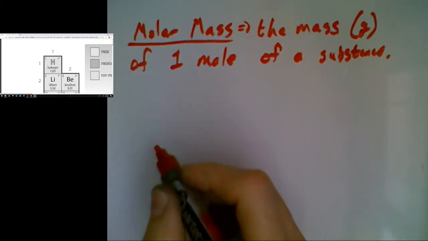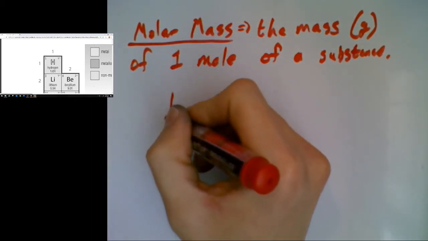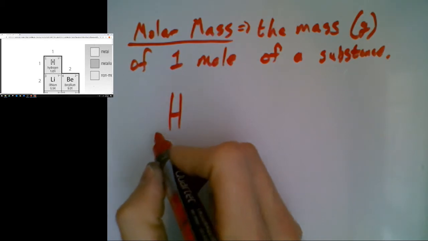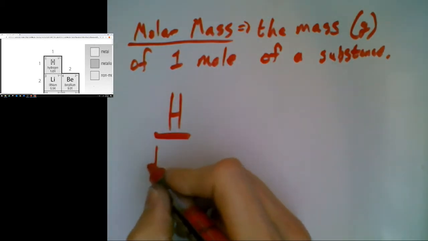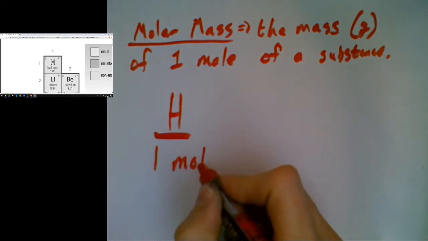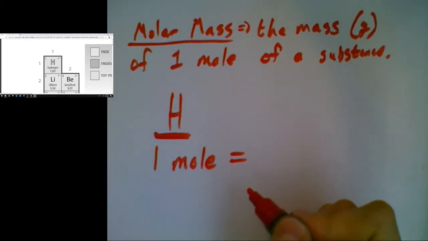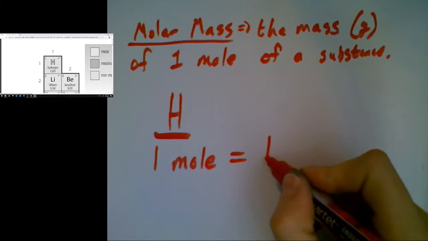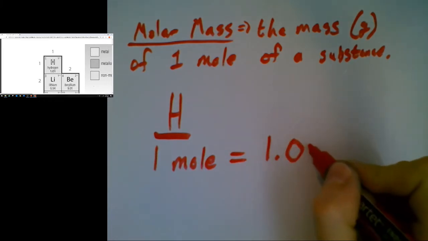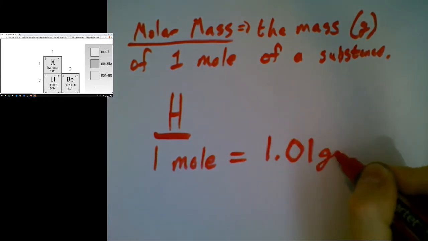And so when we talk about hydrogen, if we had 1 mole of hydrogen, it would have a mass of 1.01 grams.